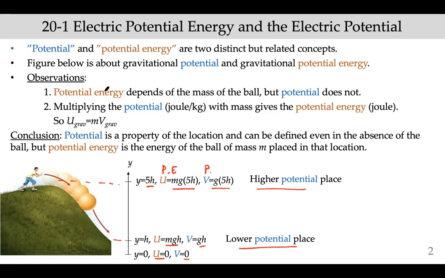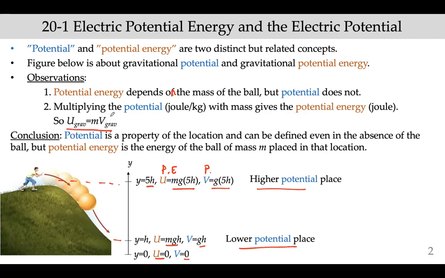So we can make a couple of observations. The first one is that potential energy depends on the mass of the ball, but potential does not. As you can see, potential energy depends on mass, but potential doesn't depend on mass. The second observation is that multiplying the potential by mass gives the potential energy, so we can write this formula.